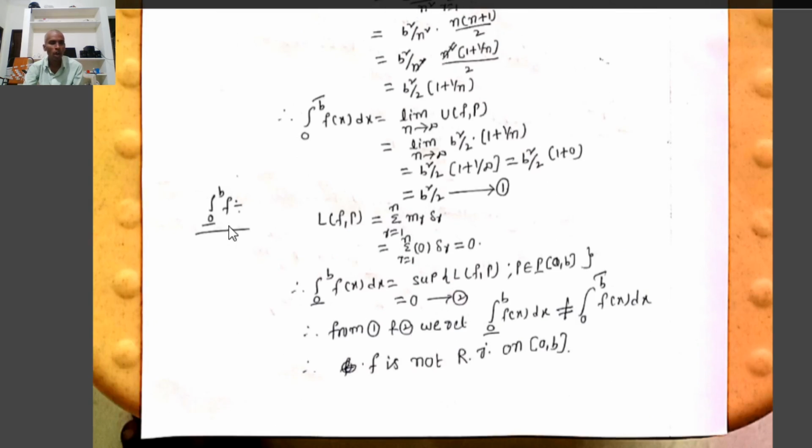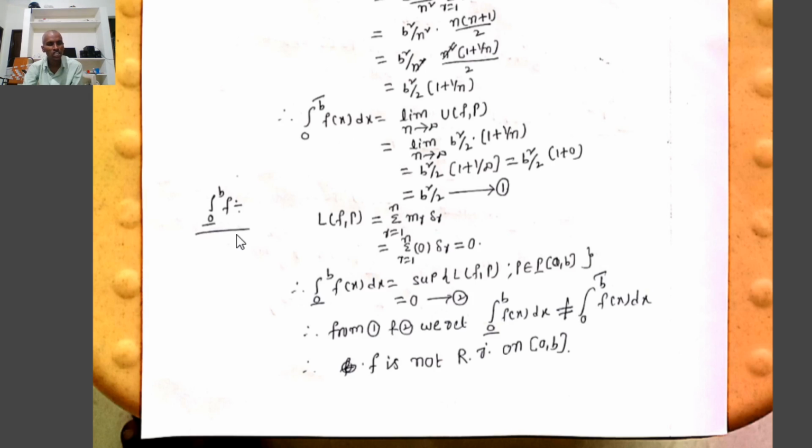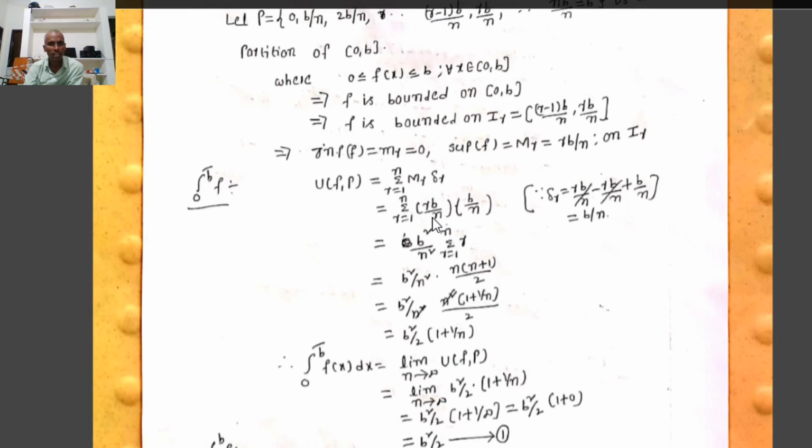Next, we have to find the lower Riemann integration of f on the interval 0 to b. First we have to find the lower Riemann sum. By the definition of lower Riemann sum, LFP equals summation r equal to 1 to n of small mr times delta r, where small mr is the infimum of f of x on Ir.